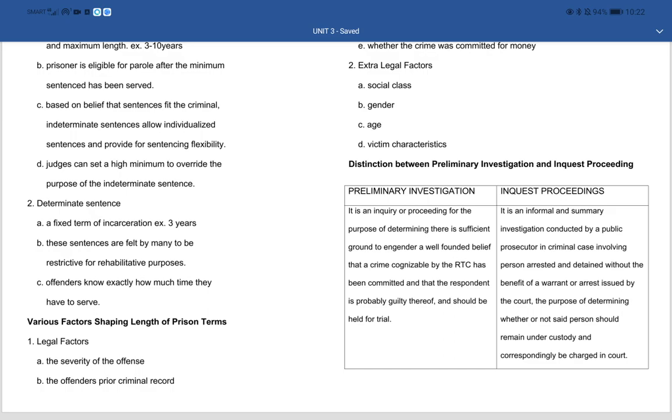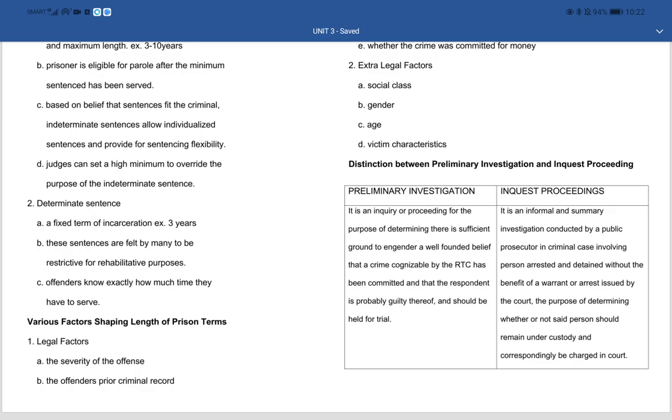Meaning to say, the prosecution conducts a preliminary investigation to see if there is sufficient ground, meaning enough evidence to file a case against him. But if there is none, you can eliminate the case. So you do not proceed with the case.